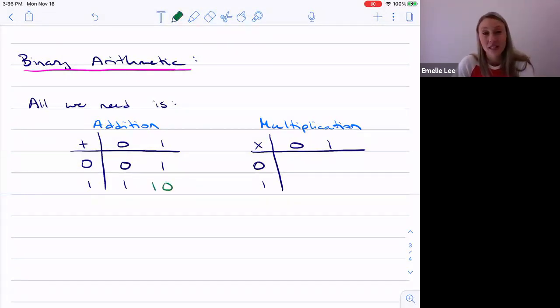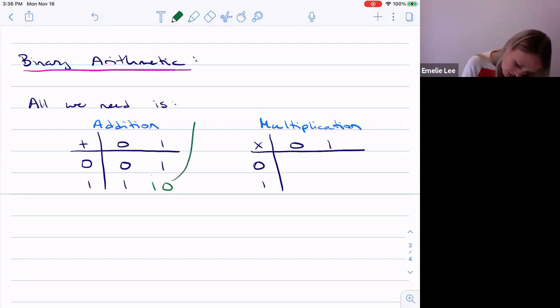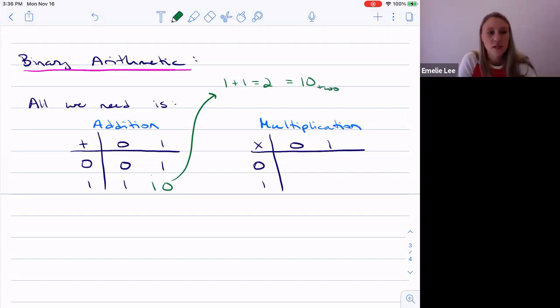I tend to read it as 10, even though it's not. It's 1, 0 base 2. So here, I'll put this up here. 1 plus 1 equals 2, which is 10, or 1, 0 base 2.